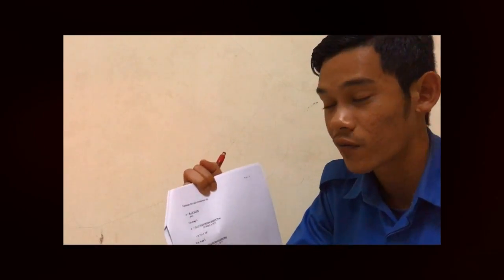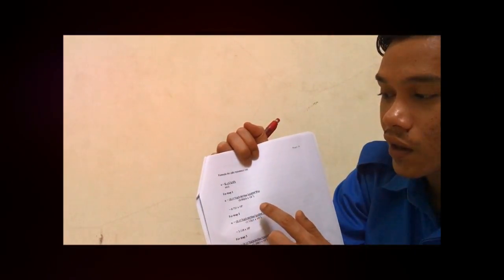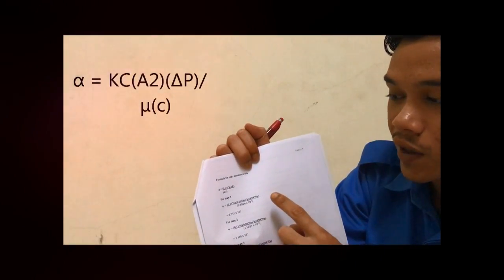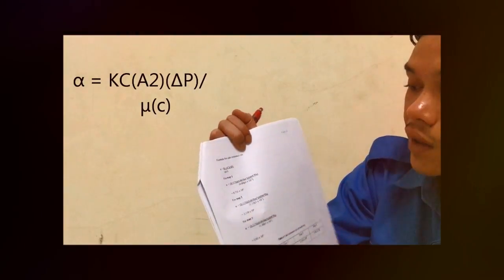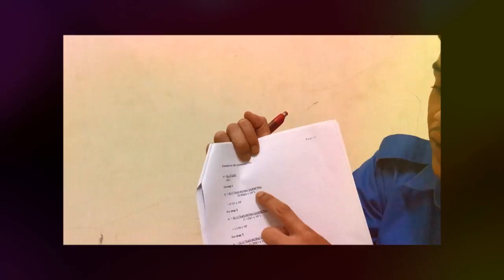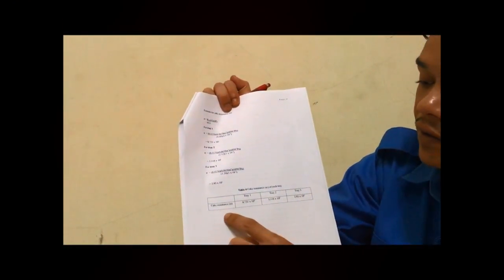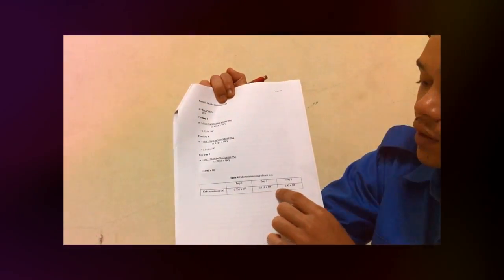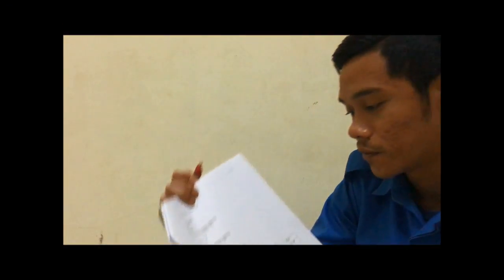To find the cake resistance, which is alpha, the formula is alpha equals Kc A squared times delta P over viscosity times C. This is an example of the calculation, and then we obtain the cake resistance. Each of the trays is calculated differently.